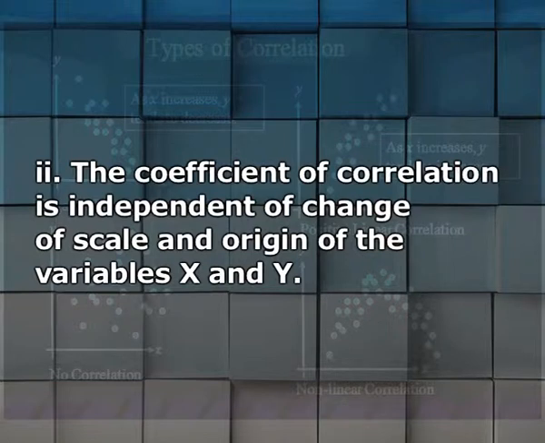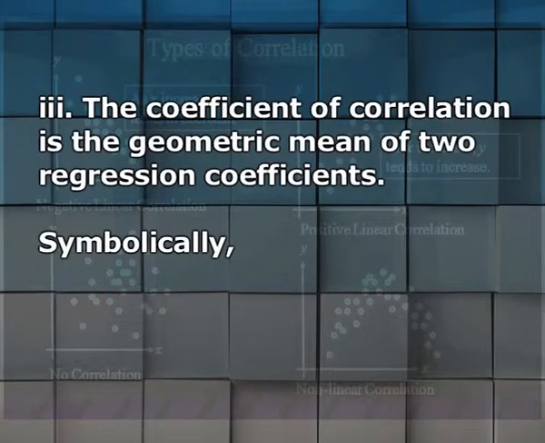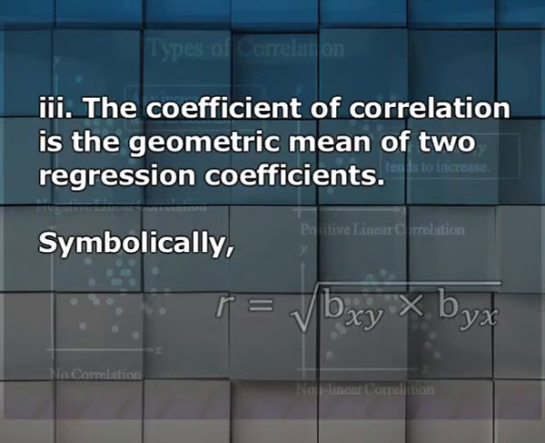The coefficient of correlation is independent of change of scale and origin of the variables x and y. Third point. The coefficient of correlation is the geometric mean of two regression coefficients. Symbolically, it can be represented as small r is equal to the square root of bxy times byx.